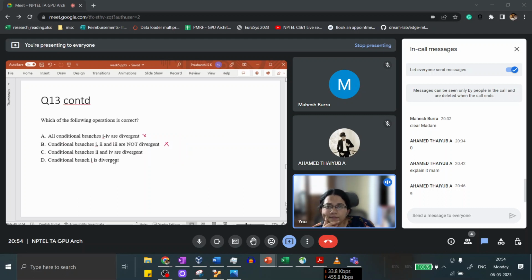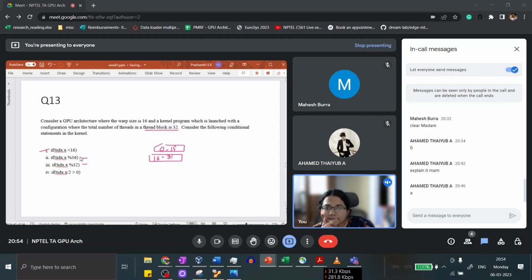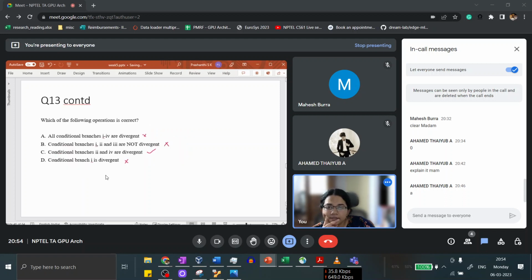So conditional branches 2 and 4 are divergent seems to be the right answer. 1 is not divergent, because 0 to 15, all of them evaluate to true. So I think this needs to be changed. I will update it before I post it onto Google Slides. But the answer is C. Conditional branches 2 and 4 are divergent. Is this clear?